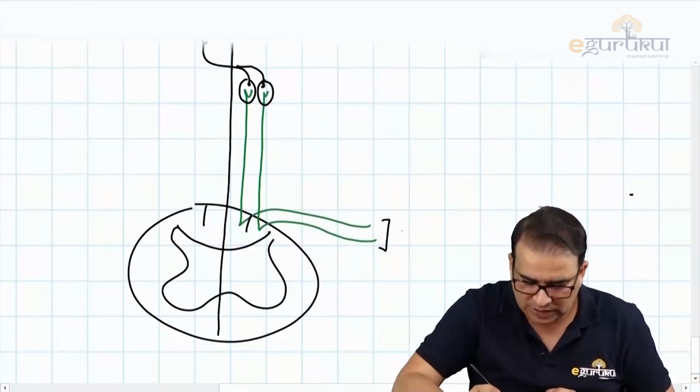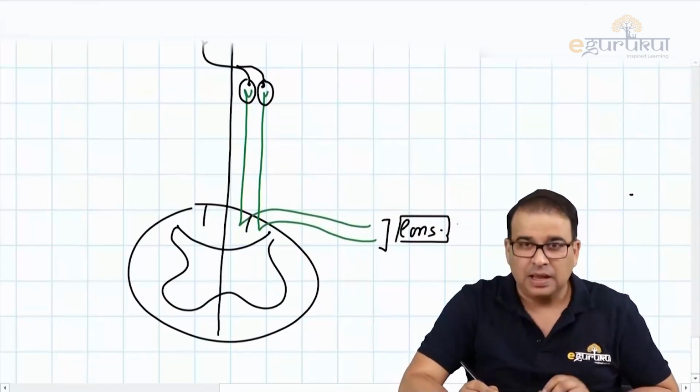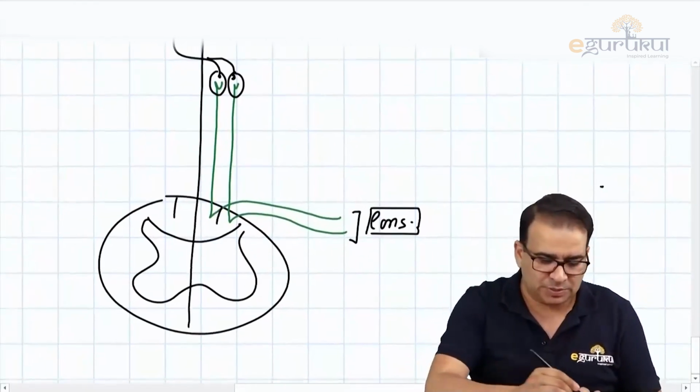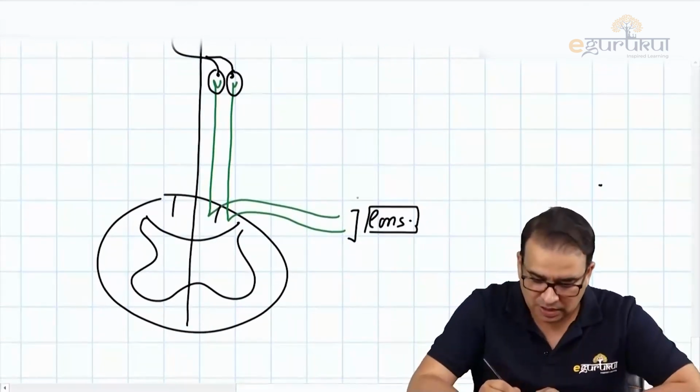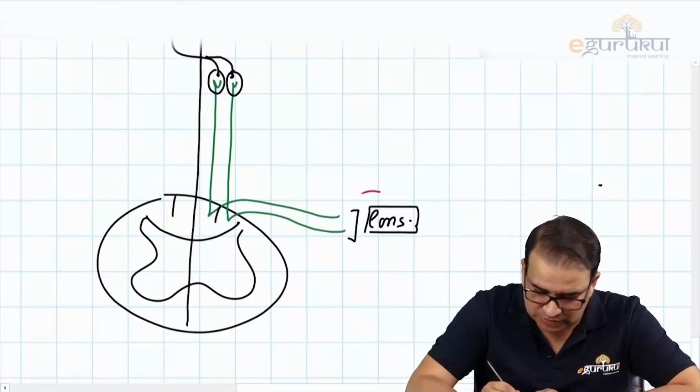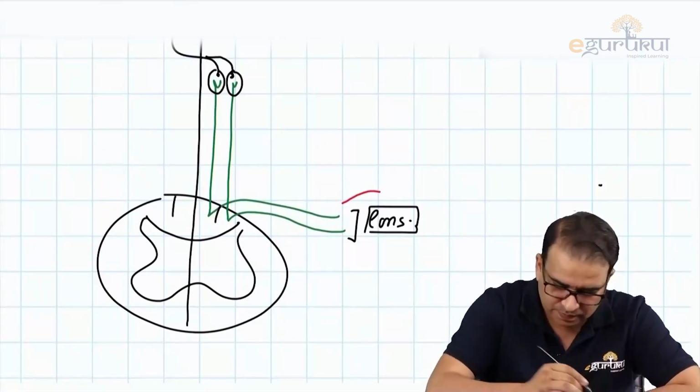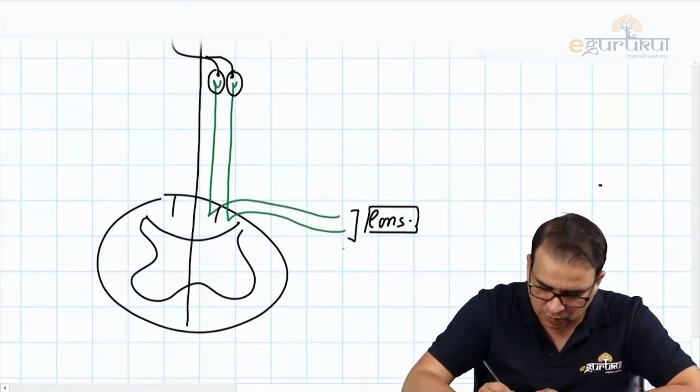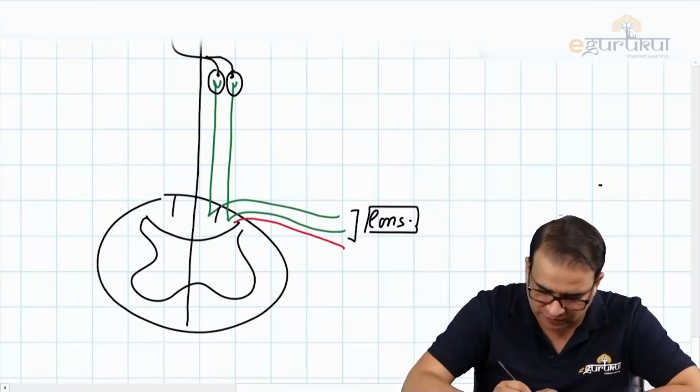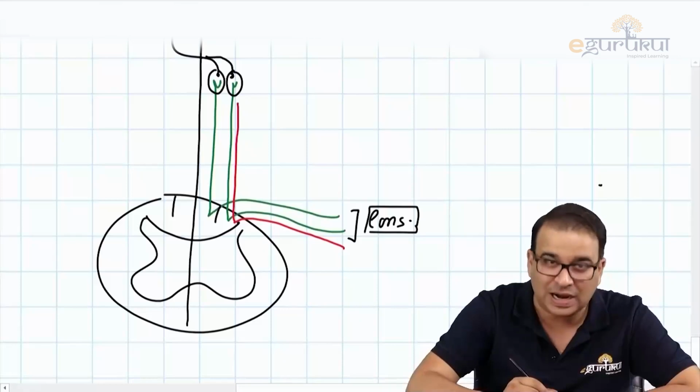And they were both carrying what? Conscious proprioception. Now comes unconscious proprioception, but from where? From the upper limb. That unconscious proprioception from the upper limb will join with the fasciculus cuneatus and ascend upward, but it is not going to that nucleus.